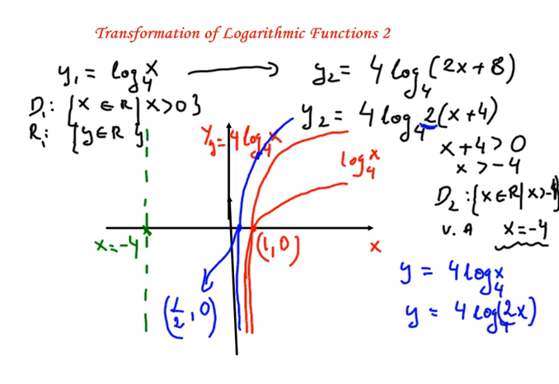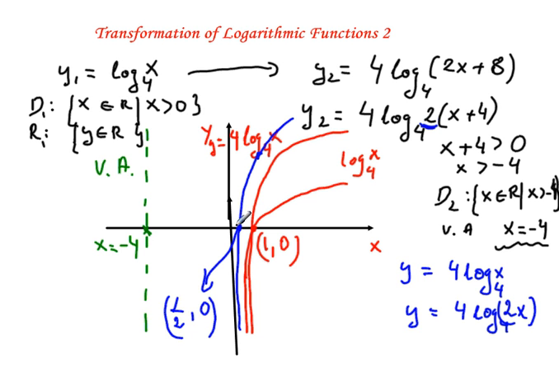So the domain for that transformed function is x is greater than -4, which means my graph has to be located to the right with respect to that vertical line. So this is the equation of the vertical asymptote. That dotted green line represents the vertical asymptote.